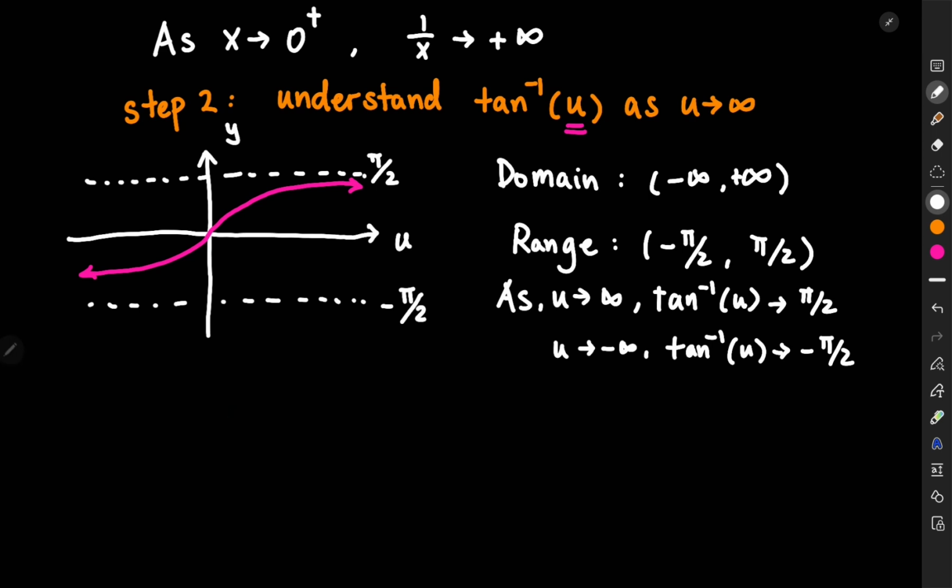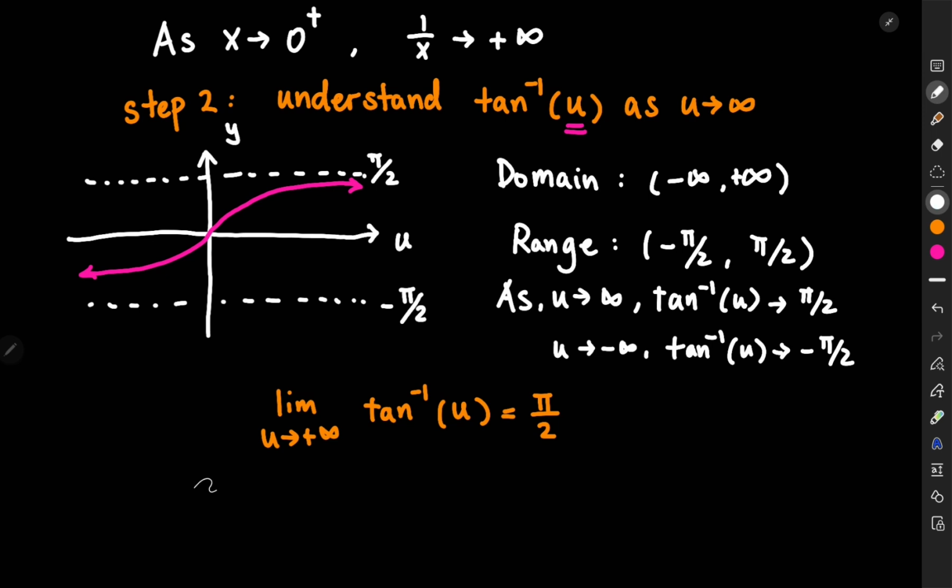Okay, so let's substitute 1 over x back into the inverse tangent function and see what we would get. So now we know the limit as u goes to positive infinity, the inverse tangent of u goes to pi over 2.